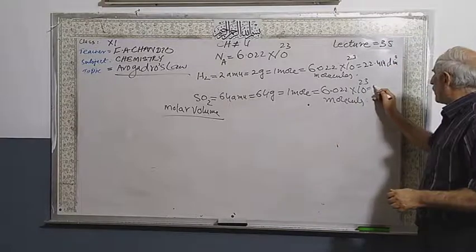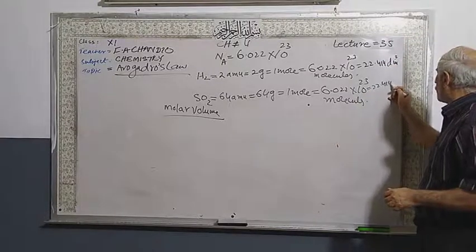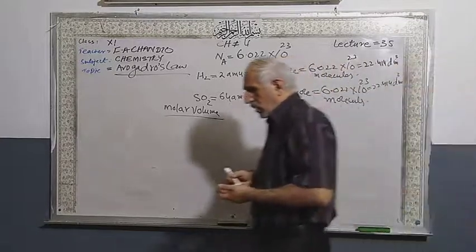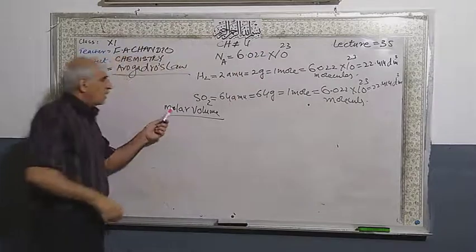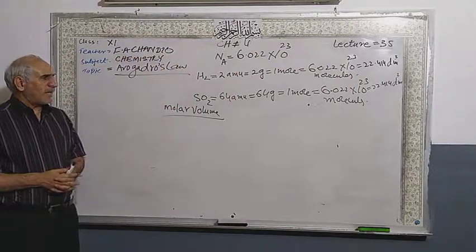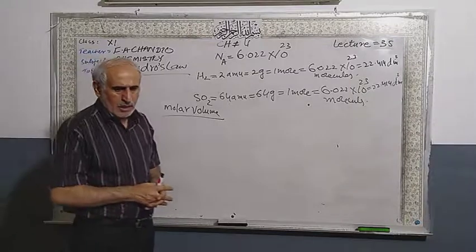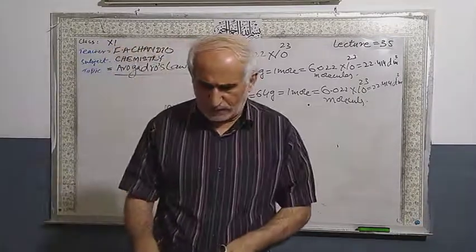This is called molar volume. 22.414 decimeter cube is called molar volume. 1 mole of any gas contains 22.414 decimeter cube.